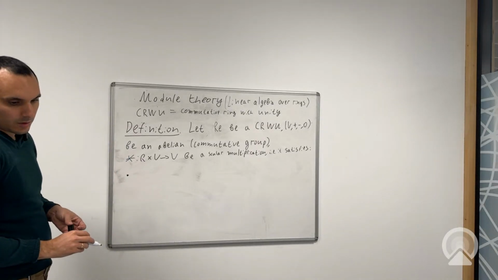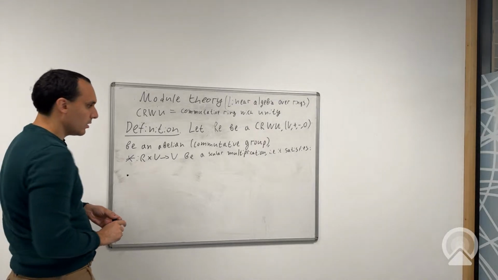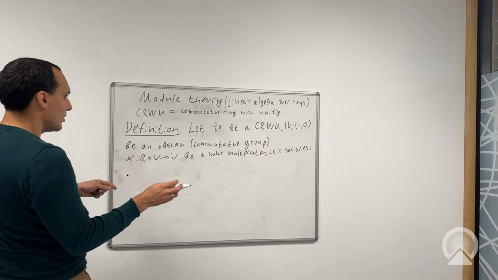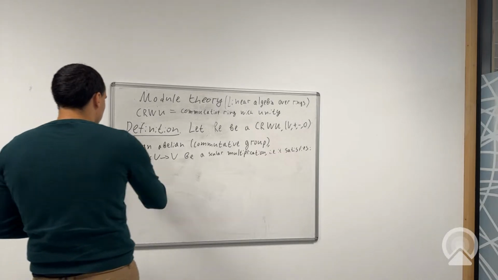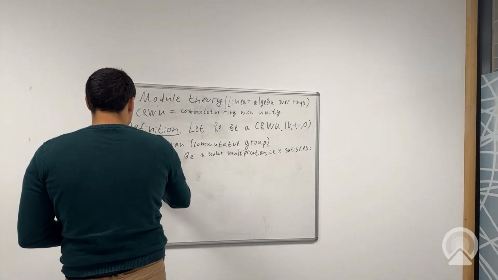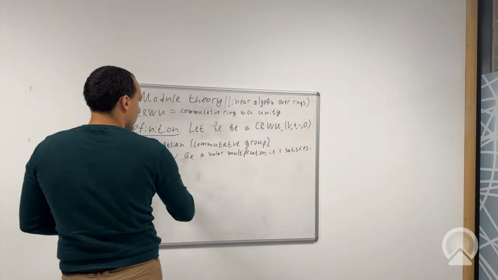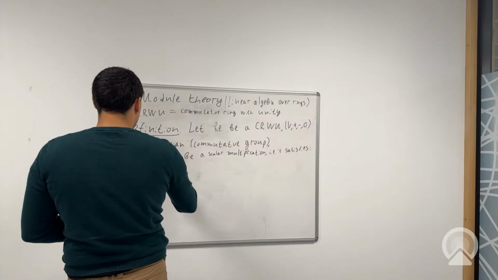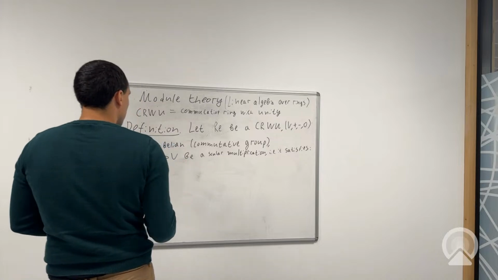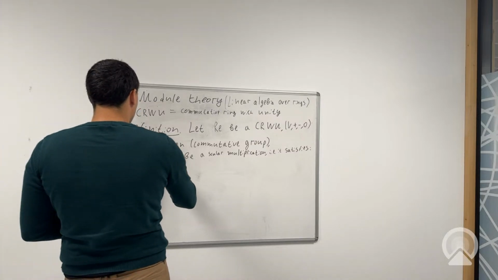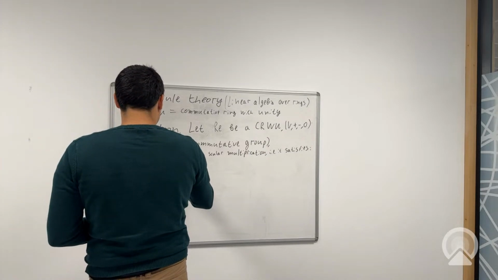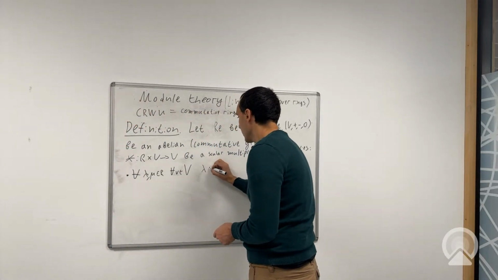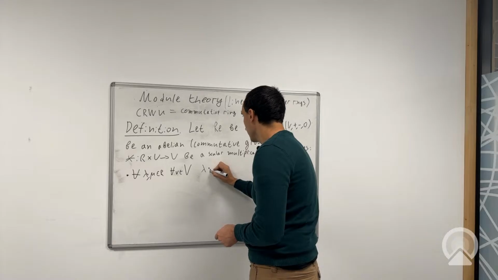First, it's some kind of associative law, but with respect to both sets. So for any lambda and mu in R, and any V in the big V, we have that lambda times... Oh, I forgot.